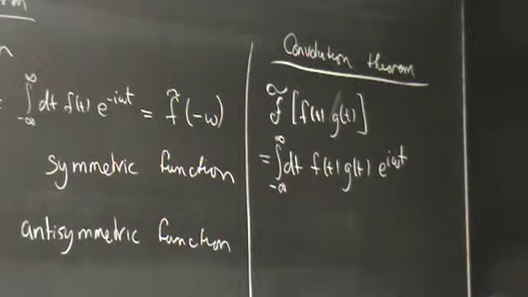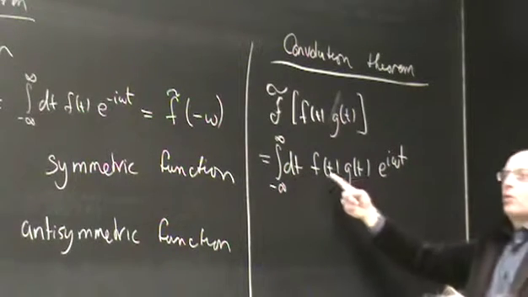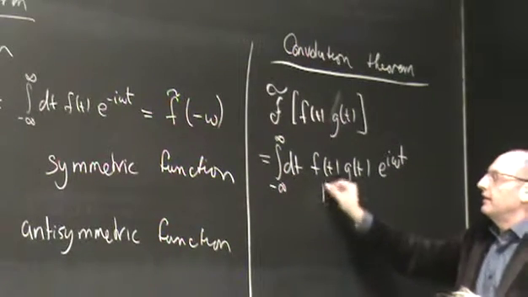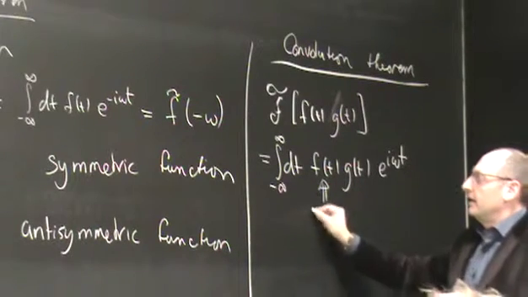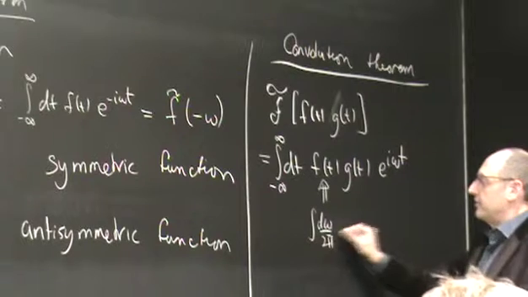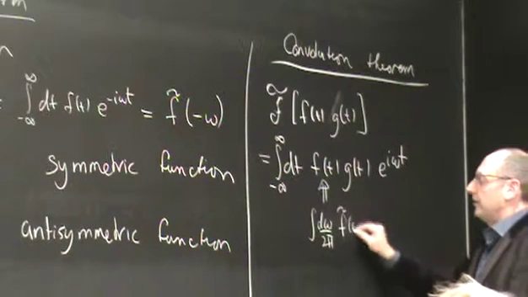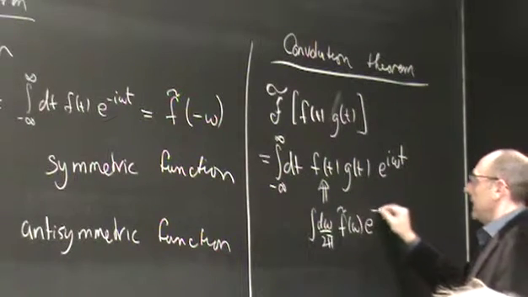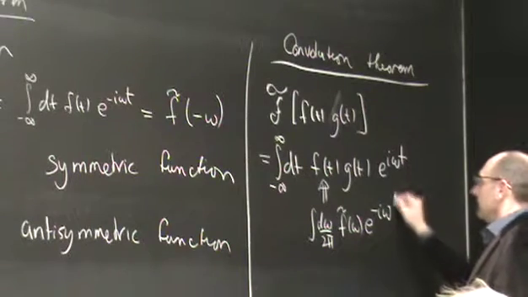Okay. So now we can plug in for one of these. Let's plug in for f of t in terms of the inverse Fourier transform, f tilde e to the minus i omega t.